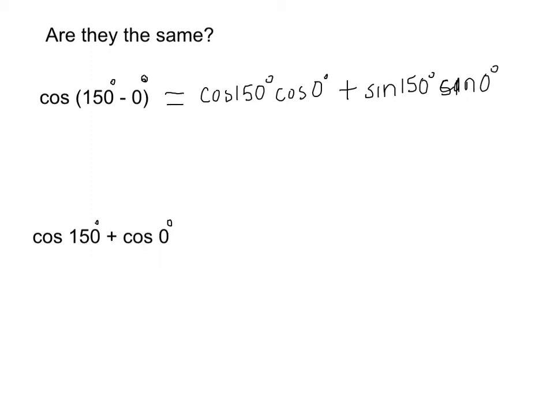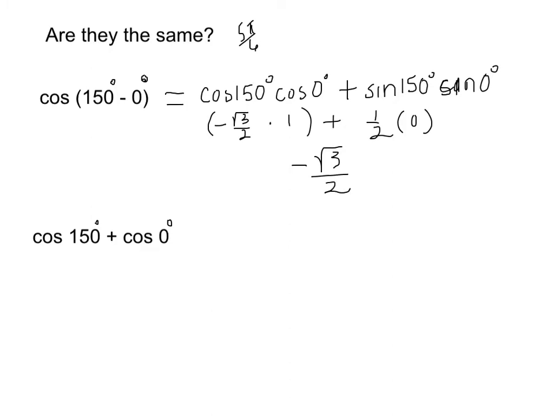Okay, and since those are all values off the unit circle, 150 degrees is 5 pi over 6, if that helps at all. The cosine is negative in that quadrant, so the cosine of 5 pi over 6 is negative square root of 3 over 2. The cosine of 0 is 1. And then plus the sine at 150 is 1/2, and the sine of 0 is 0. So the answer would be negative square root of 3 over 2.